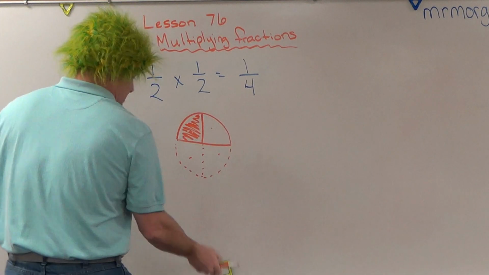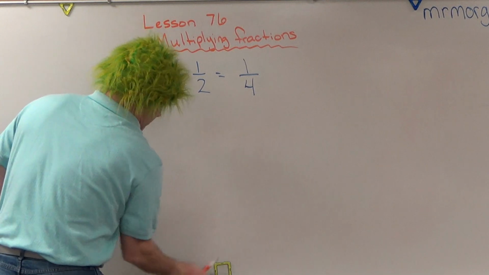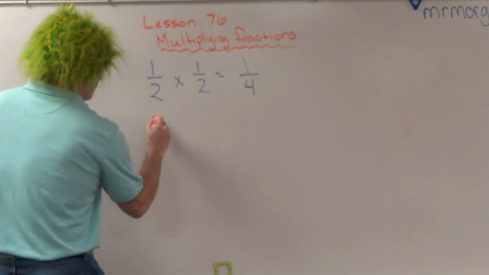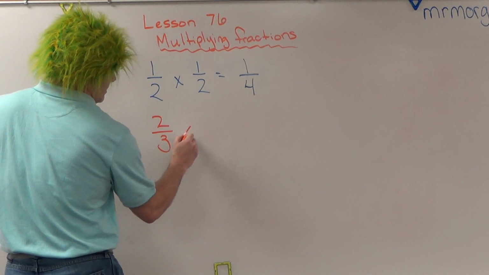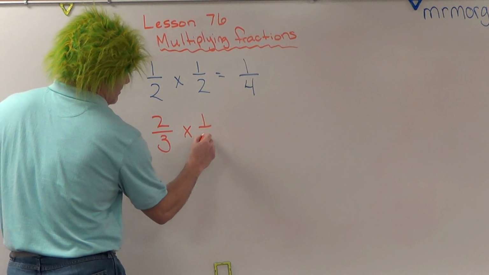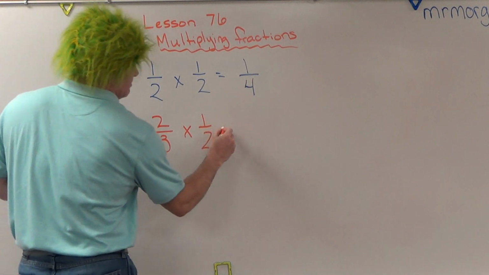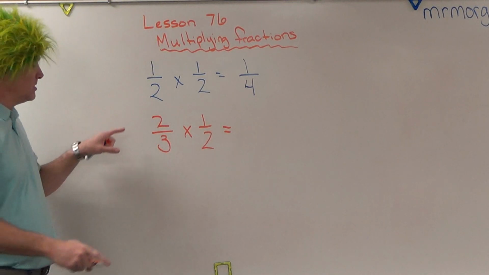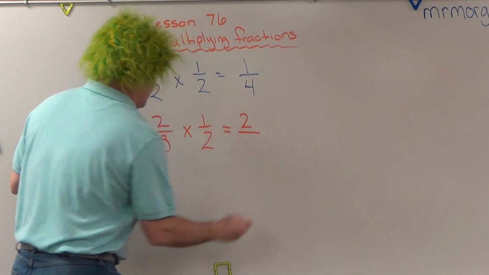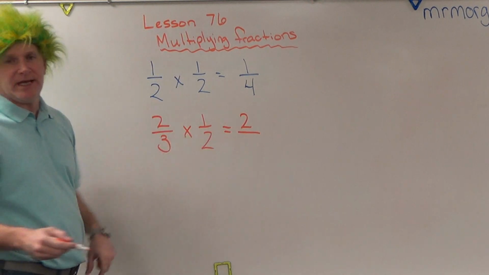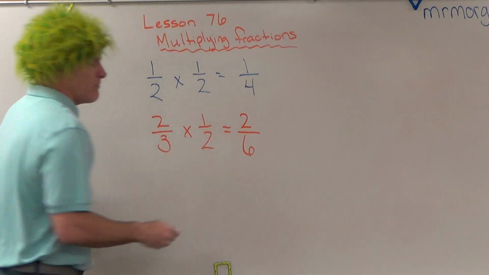So if I had 2/3 times 1/2, I'm going to multiply straight across. So 2 times 1 is 2. 3 times 2 is 6. Okay?